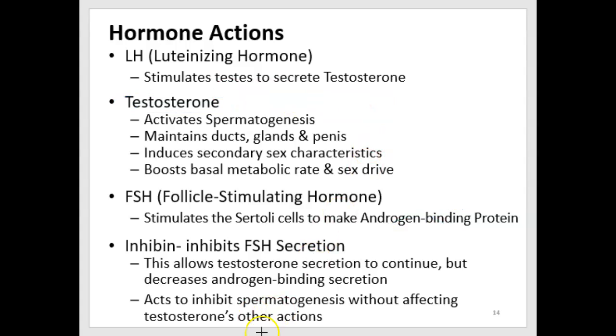So there's another regulatory hormone that I mentioned previously called inhibin, made by the testes. And all that it does is inhibit FSH secretion by the anterior pituitary. That means that androgen binding protein won't be made anymore.